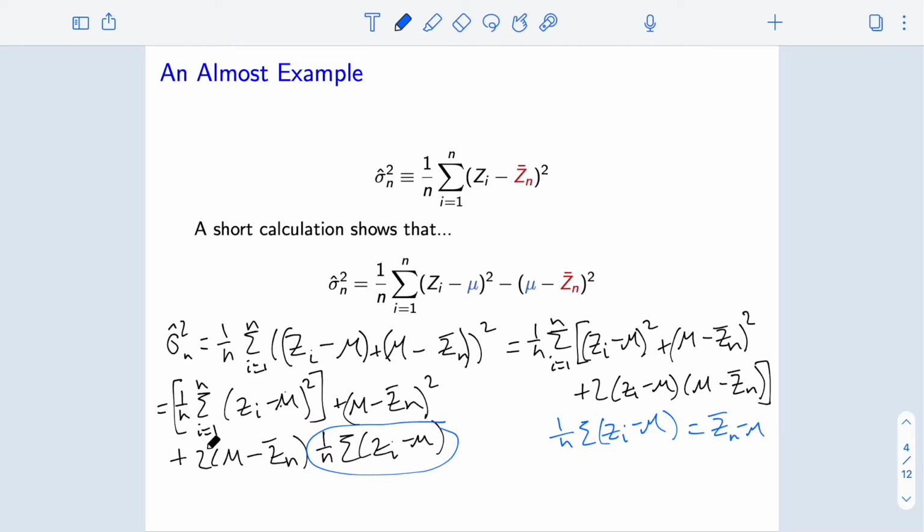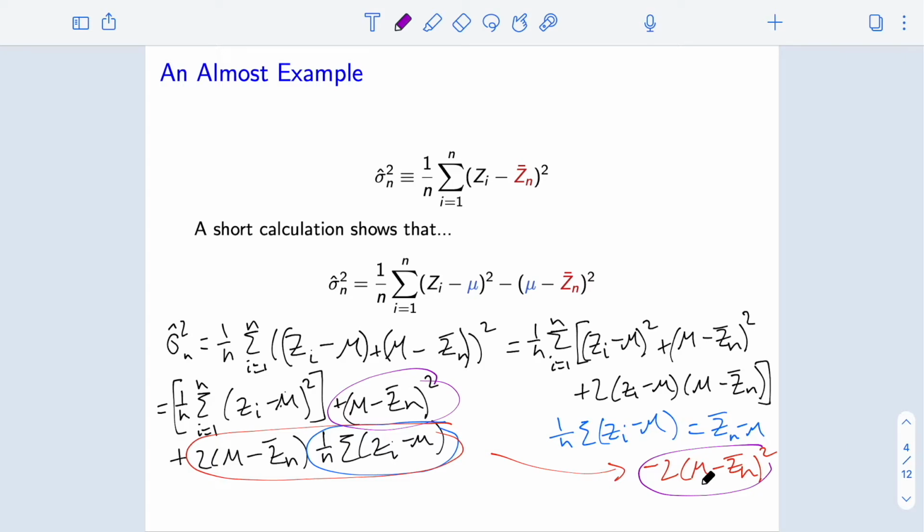And so that means this whole thing, we have a z bar n minus mu and a negative z bar n minus mu. So this piece in red is just going to be negative 2 times (mu minus z bar n) quantity squared. And so if we combine this piece and this piece, this is (mu minus z bar n) squared, this is negative 2 (mu minus z bar n) squared.